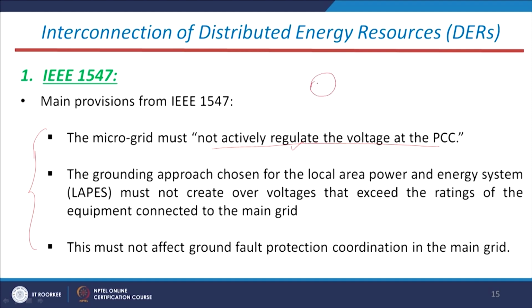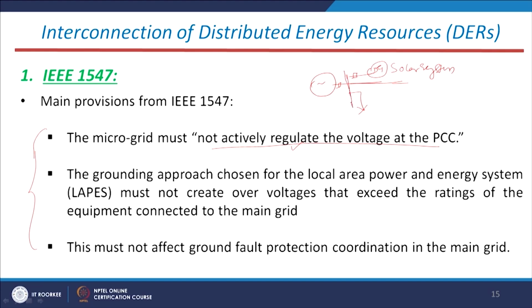If this is my grid, and here are a few loads, and at this point I connect one solar system. So, this DG or DR is connected to this particular grid.